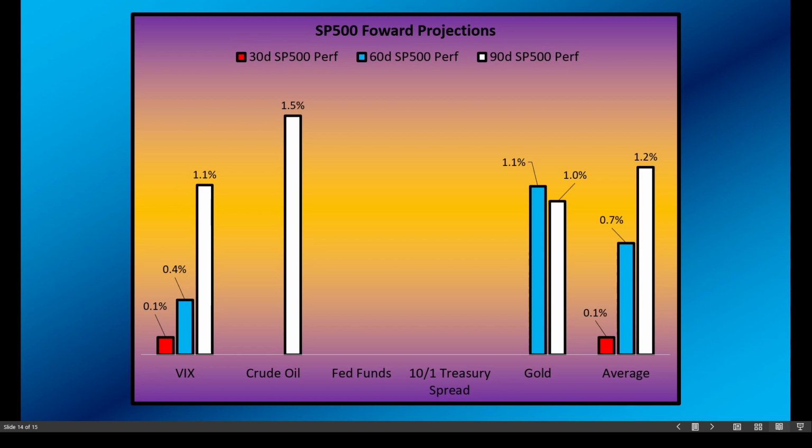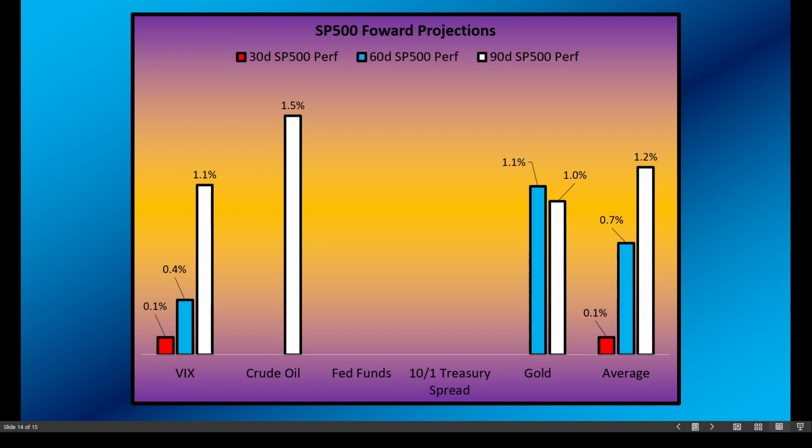So the takeaway from this is, given the current position of the VIX, crude oil, federal funds rate, the 10-1 Treasury spread, and gold, history indicates we're likely to see a moderate trend to the upside, which really kind of coincides with what we see here. You look at the stock market every day. Lately, this S&P 500 is up 10, maybe 15 points for the day, maybe less than 1% for the day, and it wavers in that area, which is very indicative of what we see here.